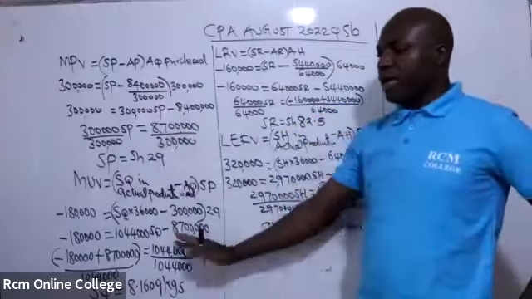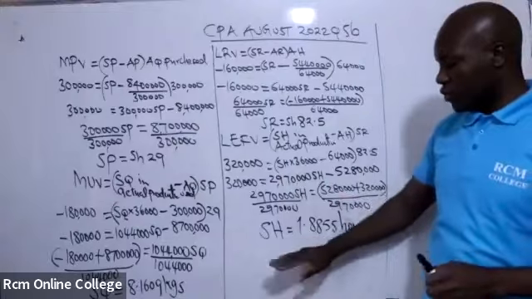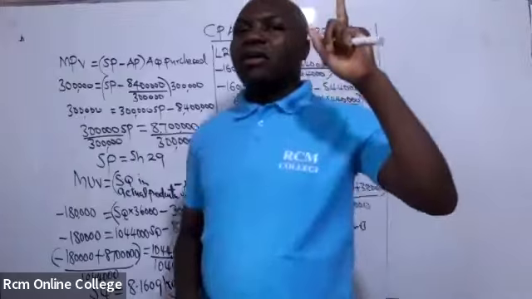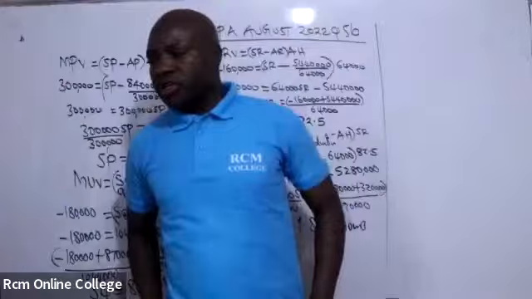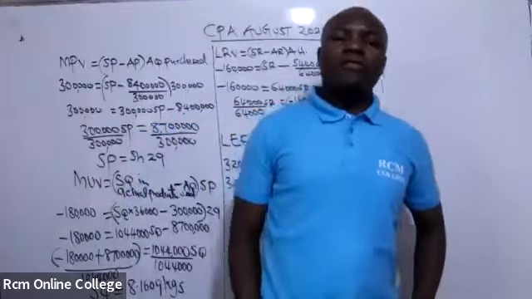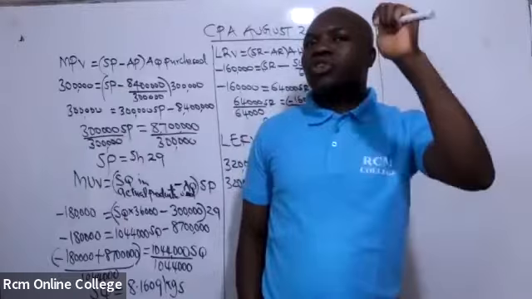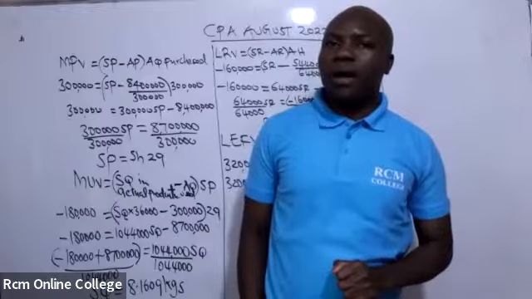For material, we are done. Now, I want to give you some things that you need to look at to get to this point. Number one, look at our question. Is there any additional information telling us that the variable production overheads were being absorbed based on labor hours?